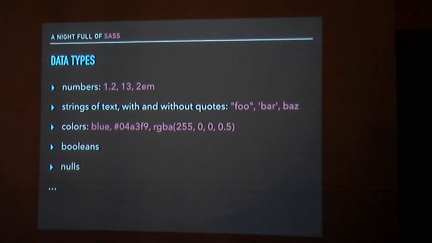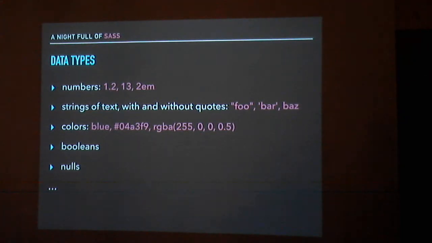If CSS doesn't expect that, or simply if your string never gets output to CSS, it doesn't really matter if you quote it or not. This will make sense in a bit, when we look at some mixins that I want to show you.